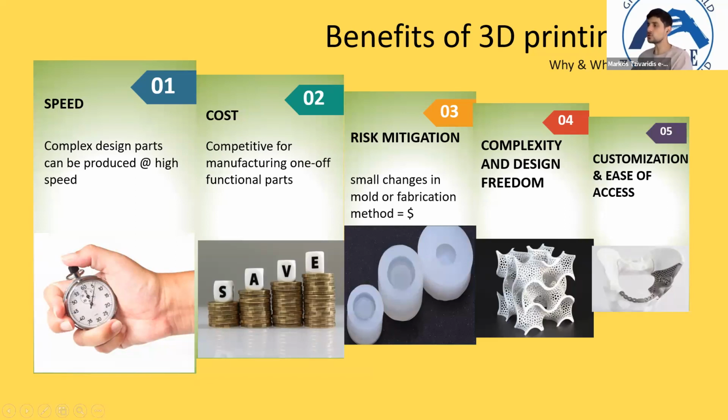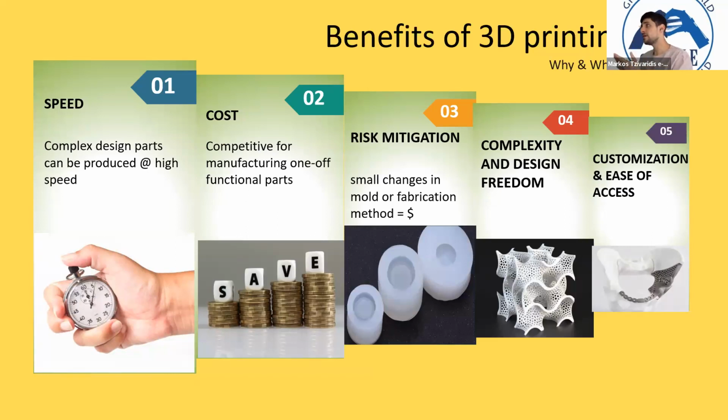The cost: if we need just one piece of an object, 3D printing is the cheapest way to produce it. Even if you need to print the object more than one time in a trial and error mode, it is still the cheapest. The rest of the manufacturing technologies become competitive if you need mass production of an object, and not just 1, 2, 10, even 100 of something.